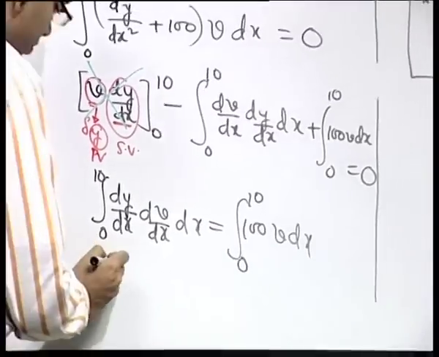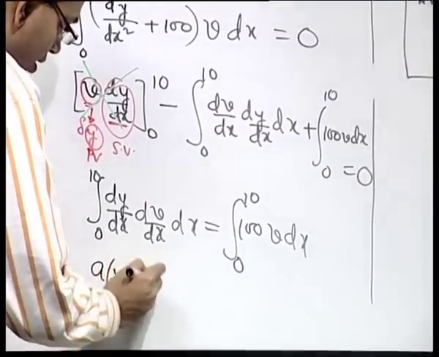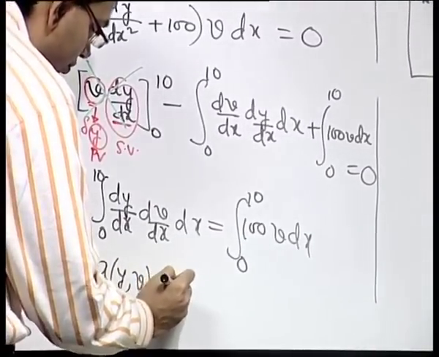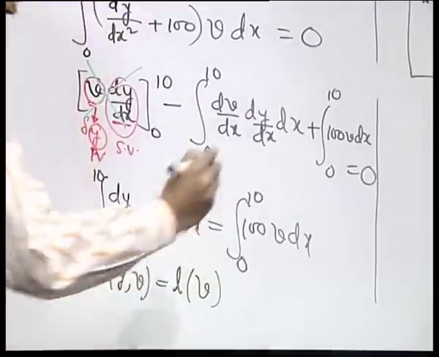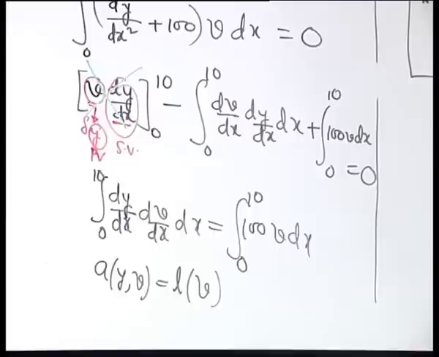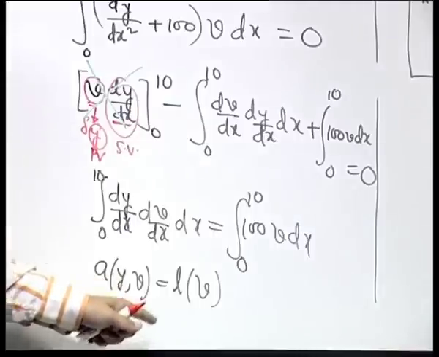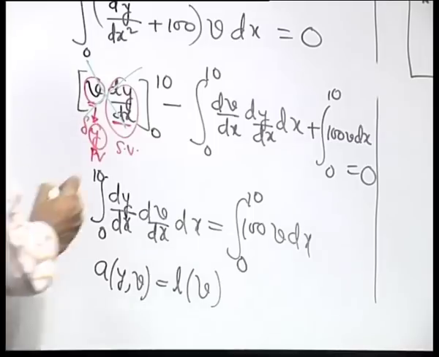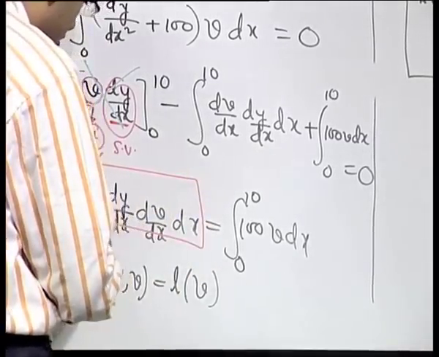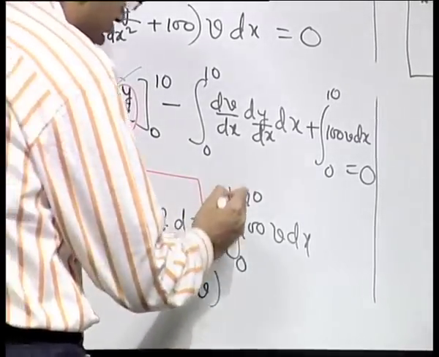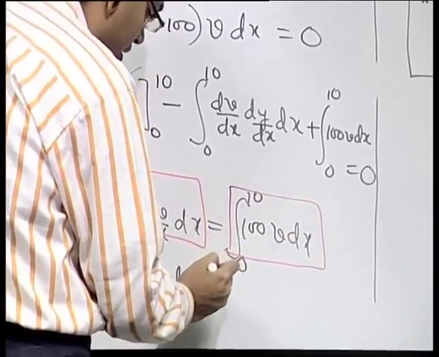This is of the form A(y, v) equal to L(v), where A is a bilinear operator and L is a linear operator. So, this is A and this is L.